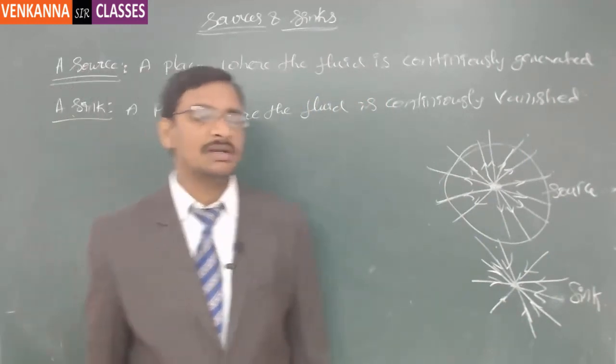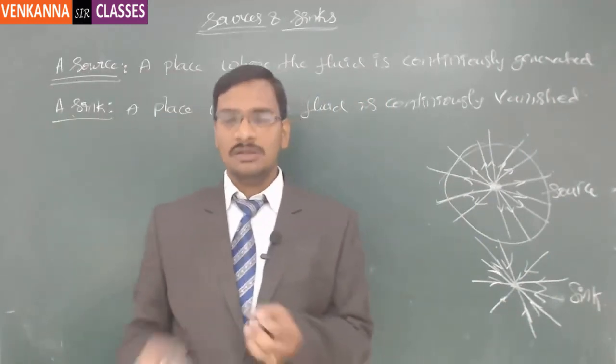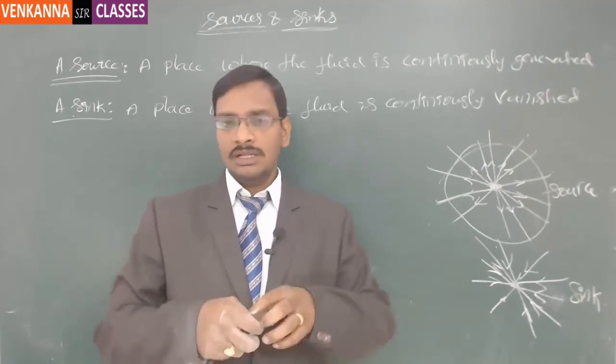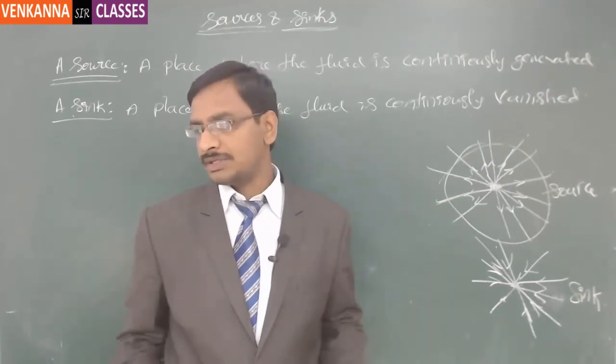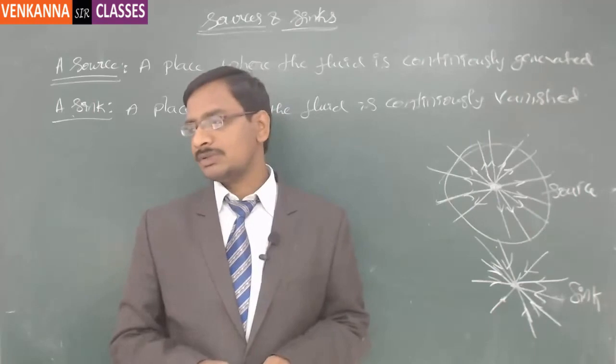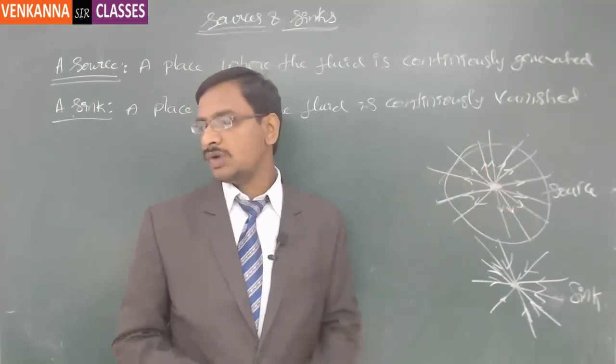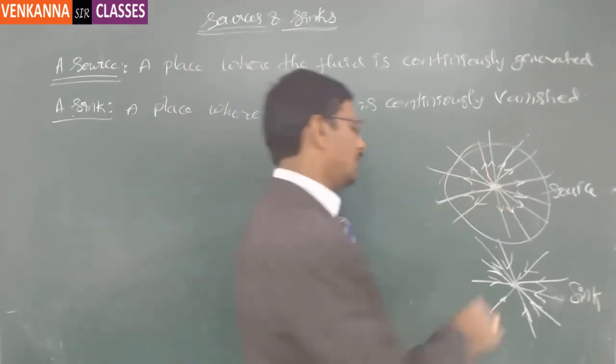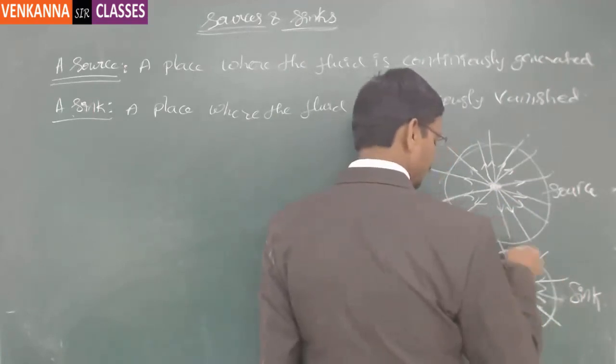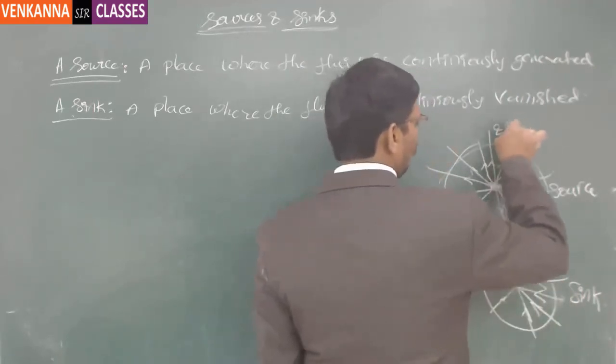A three-dimensional source is one where, in the middle of the water, there is generation of water, and the flow goes in all three directions. But for us we have only the two-dimensional source. In exactly the similar manner, this is a two-dimensional sink, right? So this is 2D only.